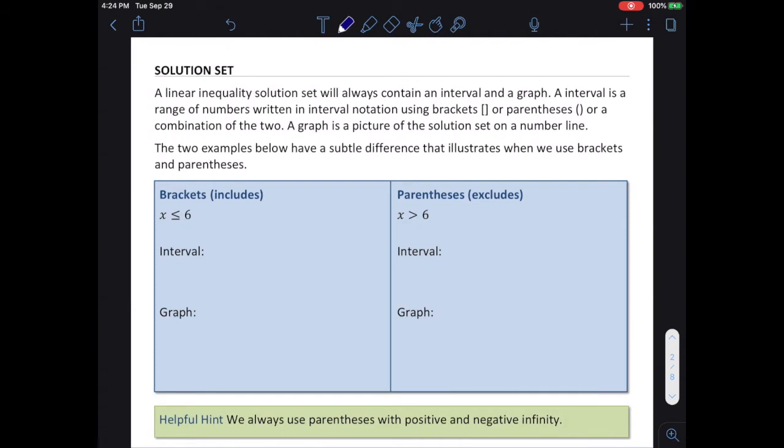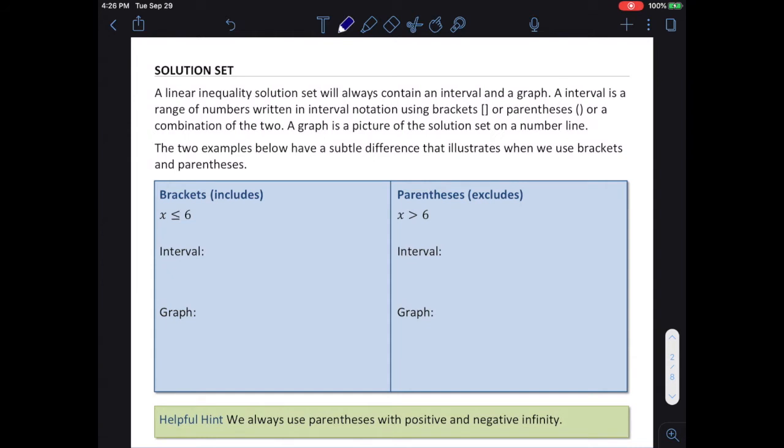Okay, so the two examples below will illustrate a subtle difference between when we use brackets and when we use parentheses. On the left-hand side, we see an interval that says x is less than or equal to 6. And whenever we see less than or equal to 6, we know that our solution set is going to involve brackets.